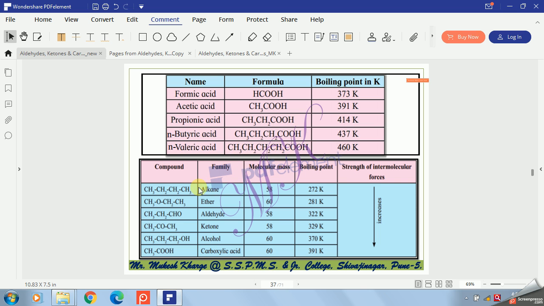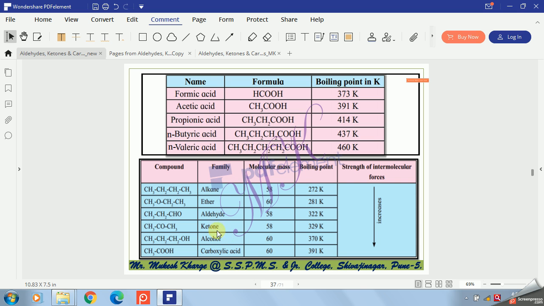Then compound, family, molar mass and boiling point, and here we can check the corresponding molar mass of these different compounds. Nearly same molar mass, their boiling point is different. So alkane and ether do not show intermolecular hydrogen bonding, so they have the lowest boiling point.